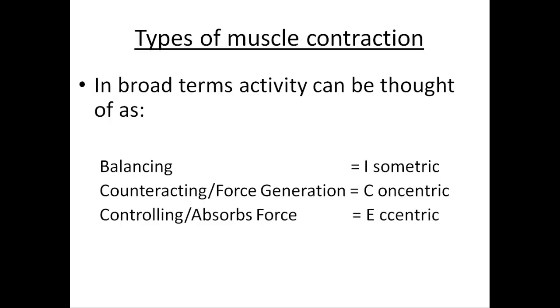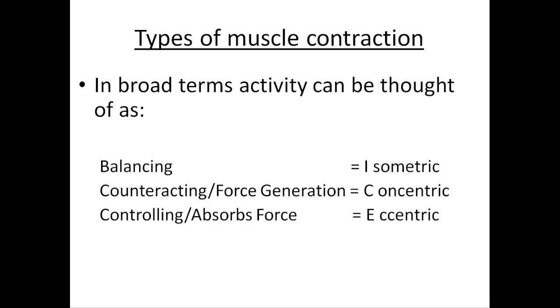So the types of muscle contraction: we've got isometric, concentric, and eccentric, and you remember that by the acronym ICE. ISO means balancing or the same. Imagine yourself in mid-range, so the muscle's strongest in mid-range, and you're just resisting that isometric force.